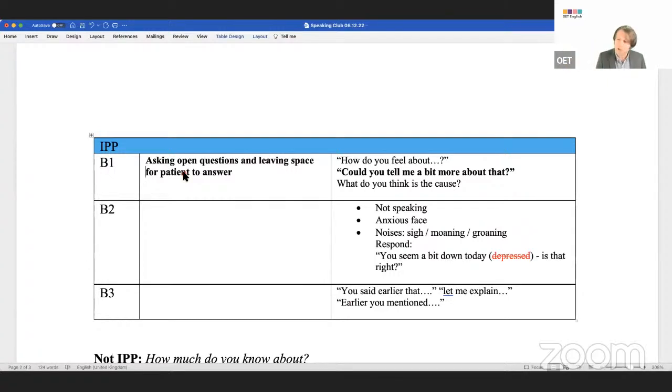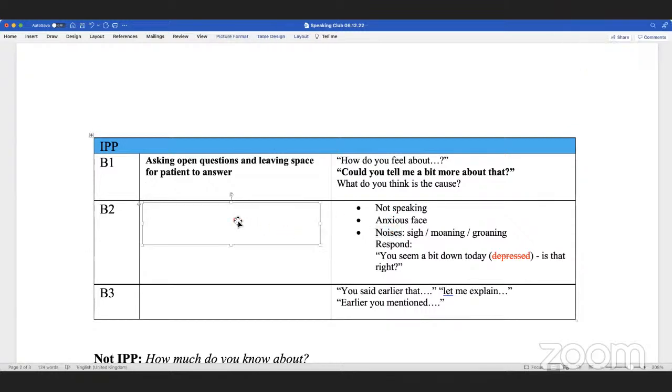Okay, so Ismail, maybe you can tell me this one. When the patient is not speaking, or making face noises, what's that? Perhaps he wants to show us in another way, his expressions, maybe what he wants to show you.